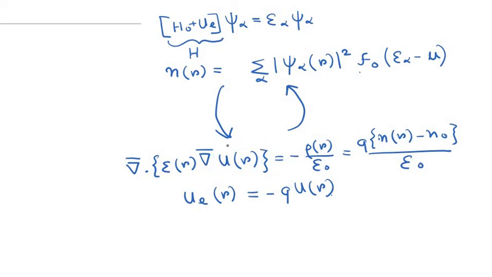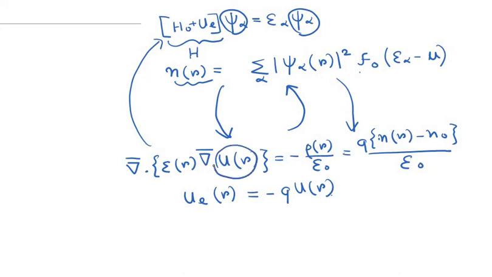Then we calculate the eigenstates of the Hamiltonian, and we calculate the total electron concentration. Once we have that, we go back to this formula to calculate UR, and we repeat this step till convergence is achieved. This is how any electron device simulator works.